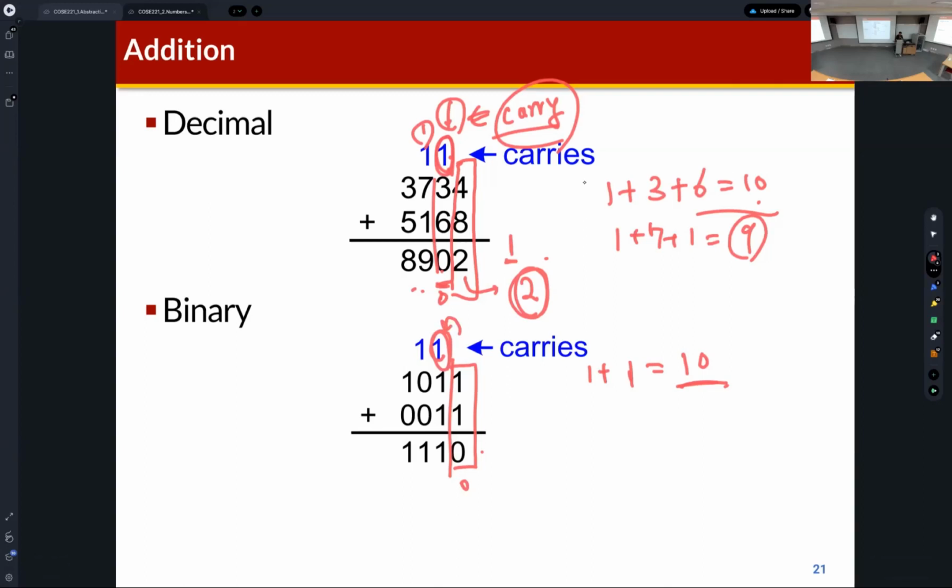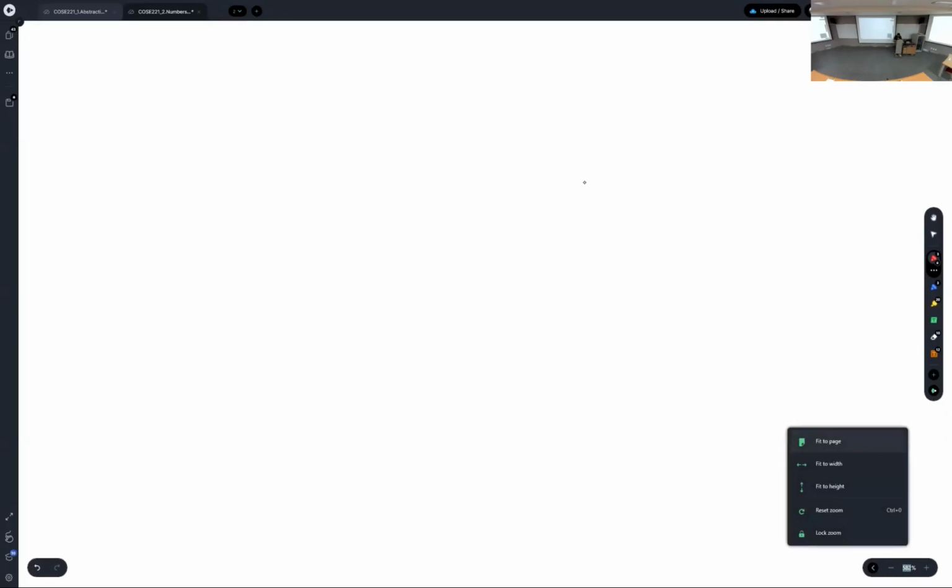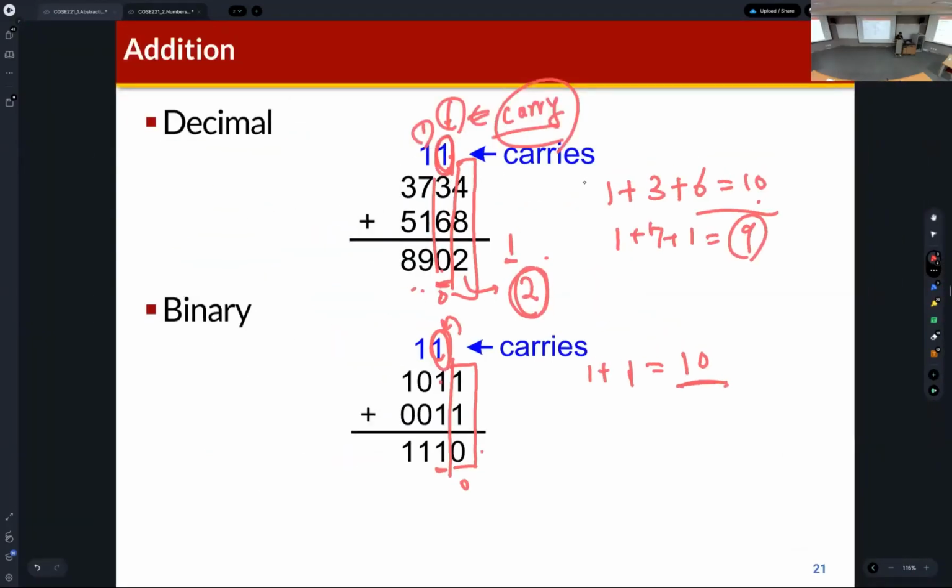So we need to perform the addition for this digit. One plus 1 plus 1. What is the value? 11.